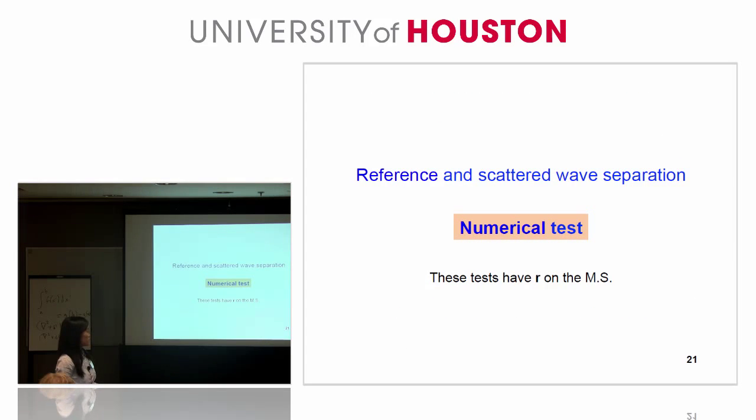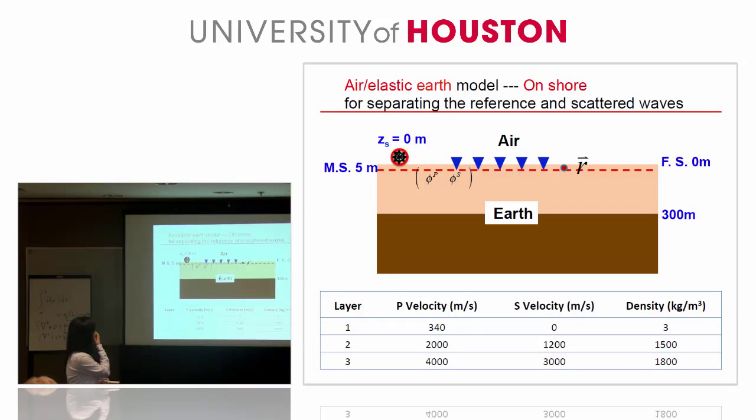Okay, next, let me use one model to show you how this algorithm performs to separate the reference wave and the reflection data. And for this test, I just located the output point on the measurement surface by doing the formula in Fourier domain. And this is our model here. Here we have air and a two-layered elastic earth.